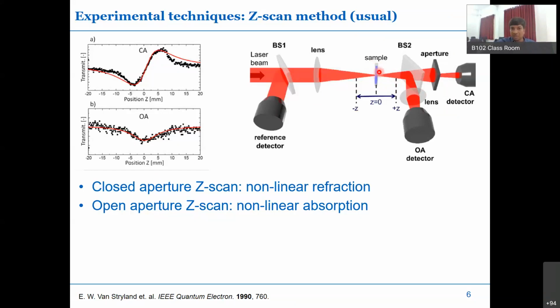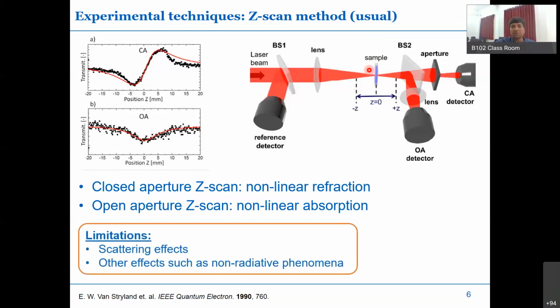So a huge amount of scattering happens, and the transmittance is not really the true transmittance; sometimes you use fake values. So this kind of method is only good when your compound is completely soluble, or your particles have very little scattering effect or non-radiative pathways. Only in such cases are these kinds of methods used.